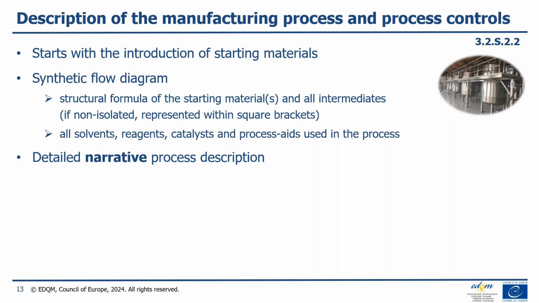What we want to see is a synthetic flow diagram, which should include the structural formulas of the starting materials and all intermediates, including the non-isolated ones, which should be represented within square brackets. We also want to see in this diagram information on all solvents, reagents, catalysts, and process aids used in the process. We also want to see, together with this information, a detailed narrative description.